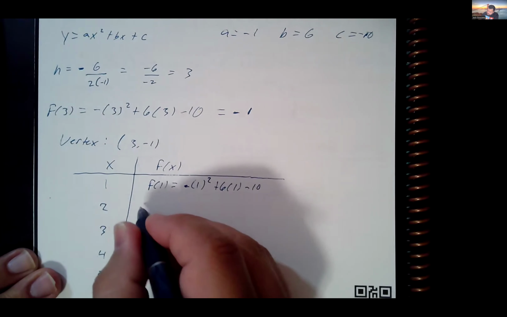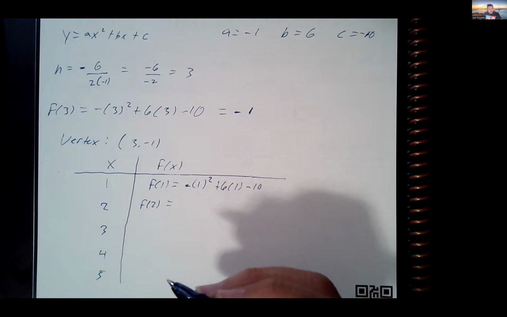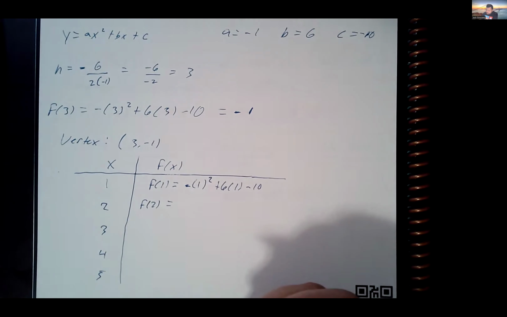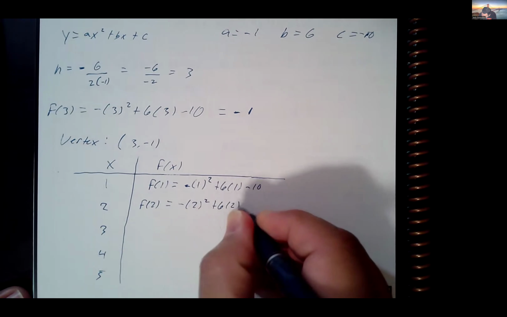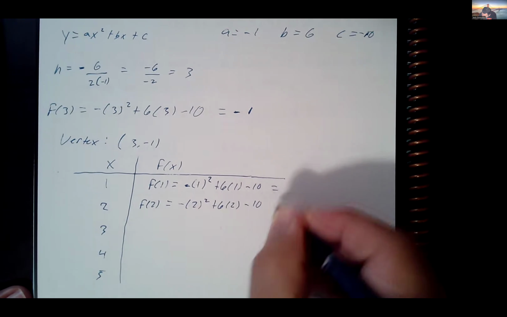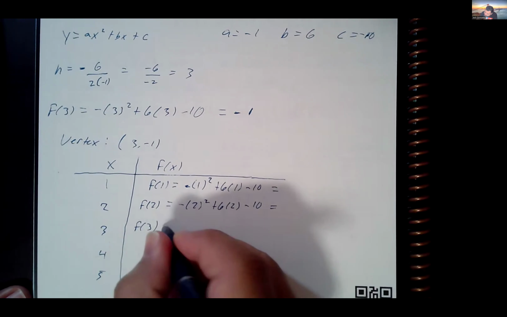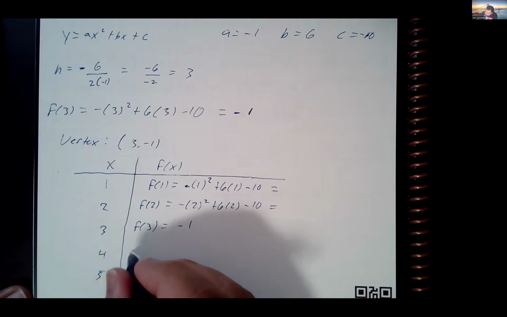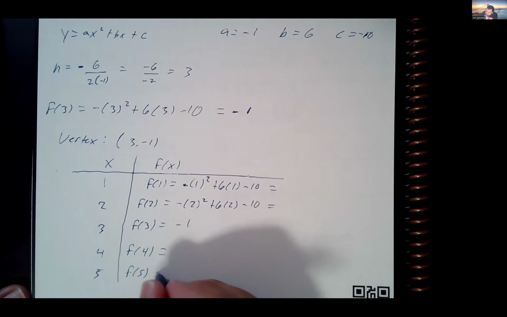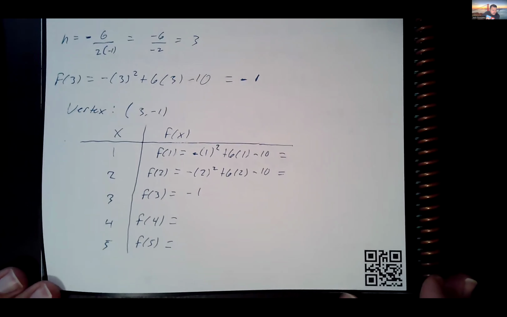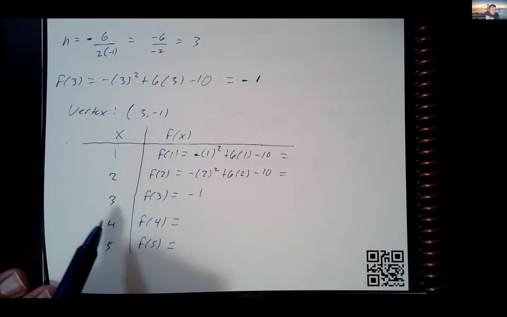This will be f(2), that'd be -2² + 6 times 2 minus 10. What is that going to give us? The 3, we already have this point. We said f(3) was -1. We did it. f(4), f(5), I'm just going to go ahead and skip it and use the calculator because I think you get the point, right? Plug in the numbers, plug in the x values, and see what y values you get.